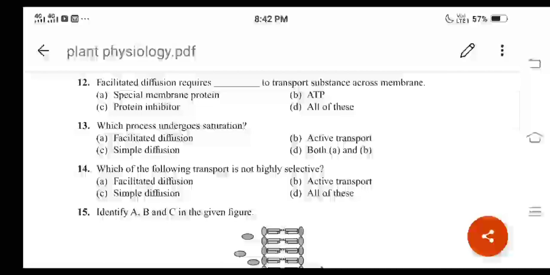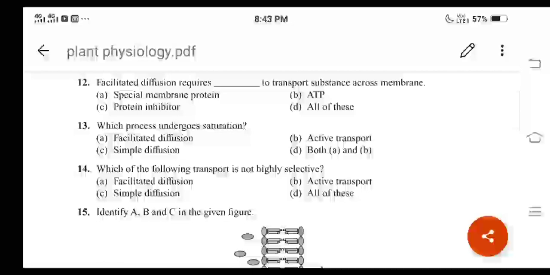Facilitated diffusion requires dash to transport a substance across membrane. A, special membrane protein, then B, ATP, then C, protein inhibitor, all of these, right? The correct answer should be option A, special membrane protein.